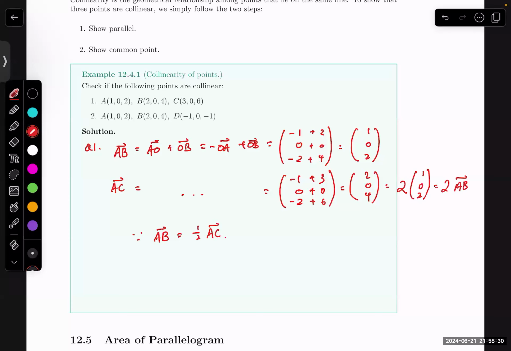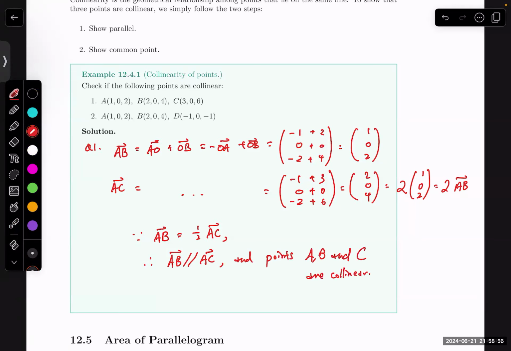Because these two vectors differ by just a scalar multiple, therefore vector AB is parallel to vector AC, and points A, B, and C are collinear.